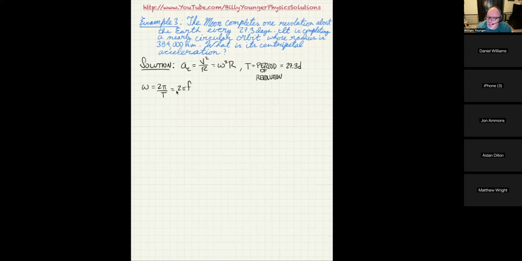That way we know we're looking in the same direction that we did 27.3 days ago. So it's literally the time between the moon being, say, 2 arc seconds to the left of Sirius and the next time it is 2 arc seconds to the left of Sirius. That is the period of revolution.